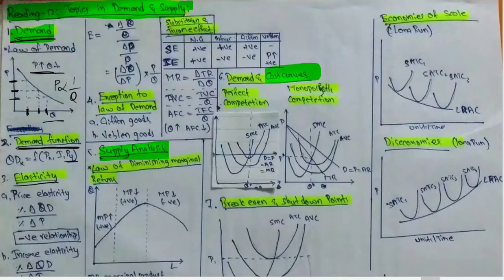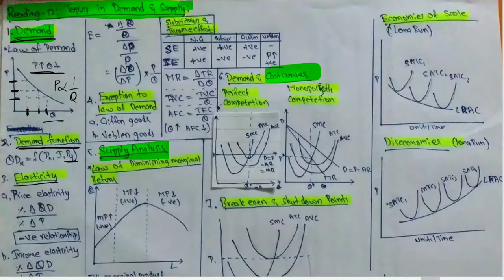When there is an increase in the price of a substitute, people move on to the other substitute, which they can get at a lower cost.